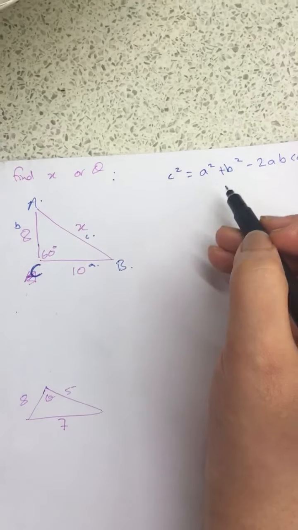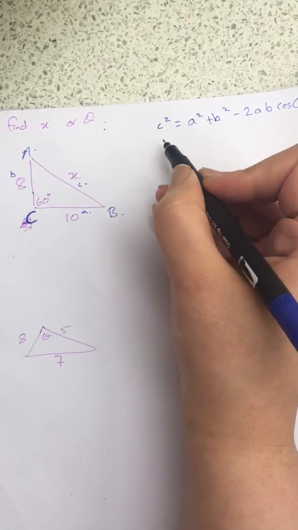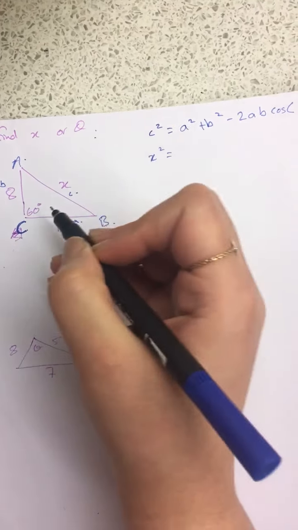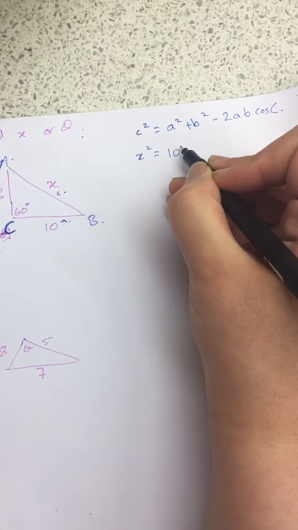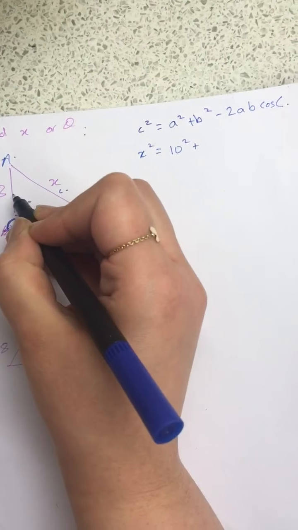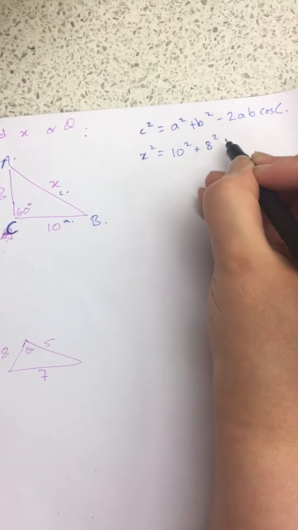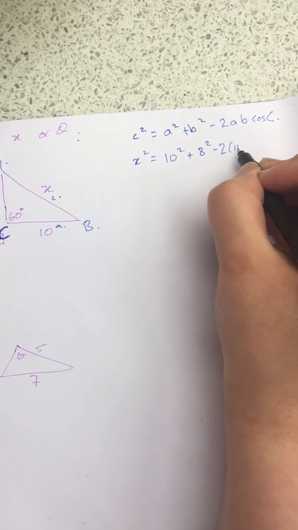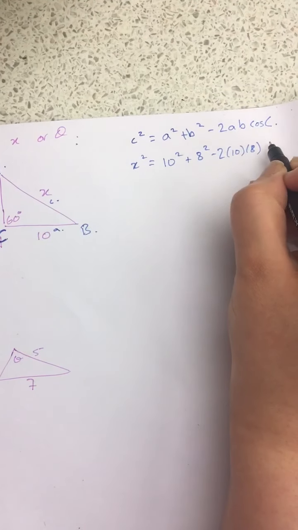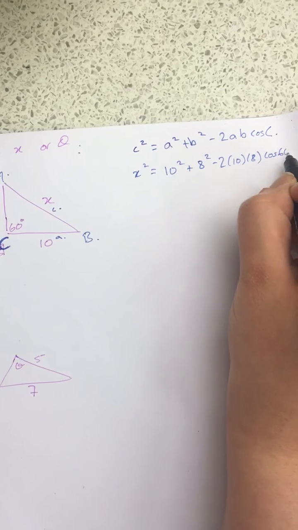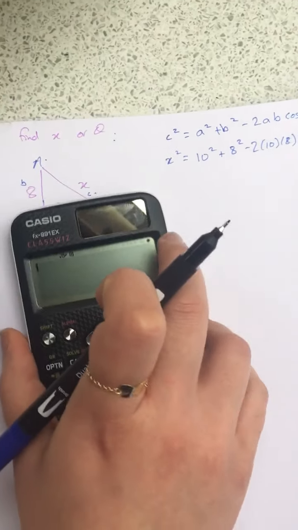So here, using this, I'll have x squared is equal to 10 squared plus 8 squared minus 2 times 10 times 8, and cos C, that's the angle C, so cos of 60, and then I put that in the calculator.